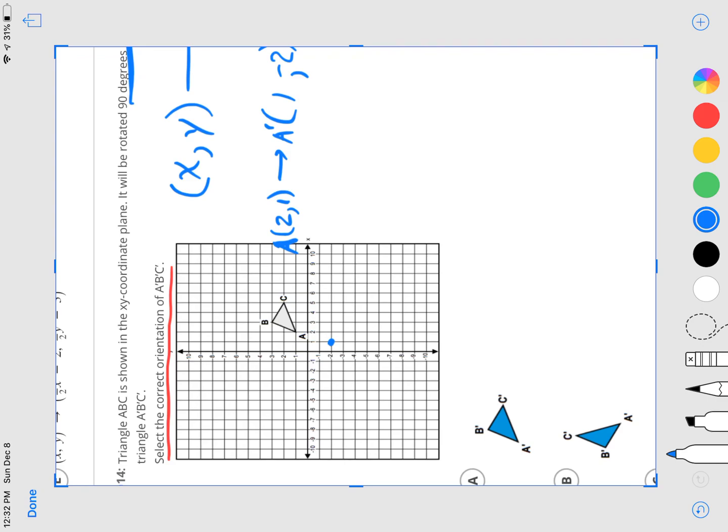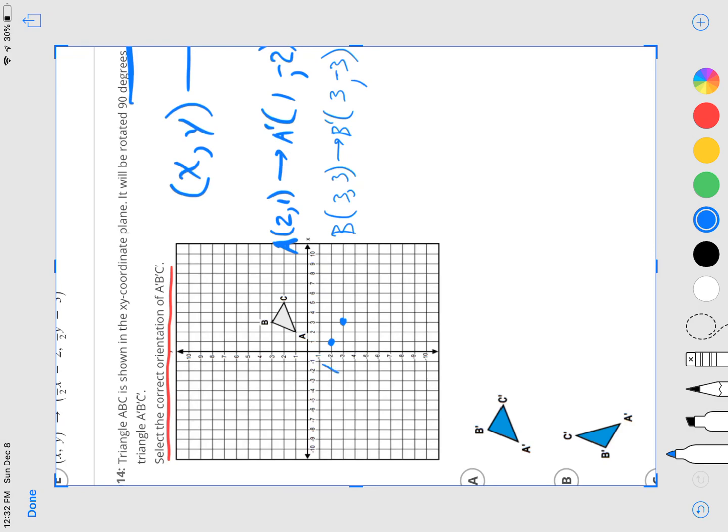Okay, let's look at B. Coordinates of B are 3, 3. When you apply the rule, you switch the 3s, they're both the same thing, and then you change the sign of the second one. 3, negative 3 is down here.